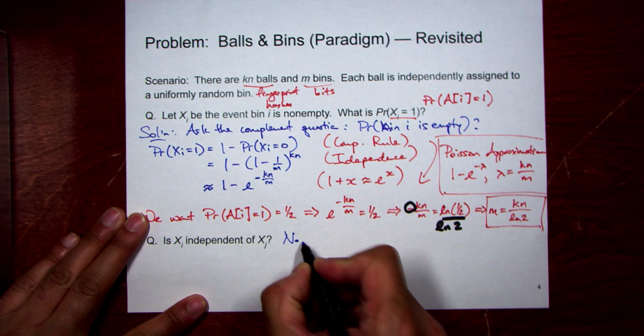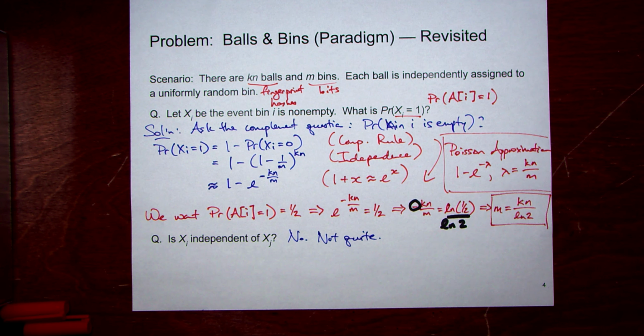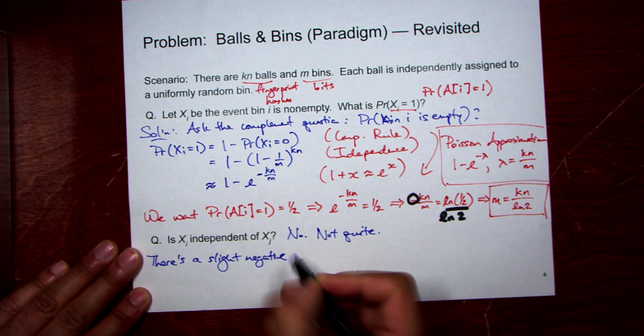But it's close, because when this gets large, the probability goes down by just a little. So just a hedge: there's a slight negative correlation between these two things, because when a ball lands in bin i, it's slightly less likely that bin j is not empty.